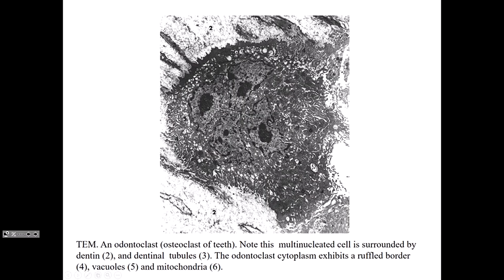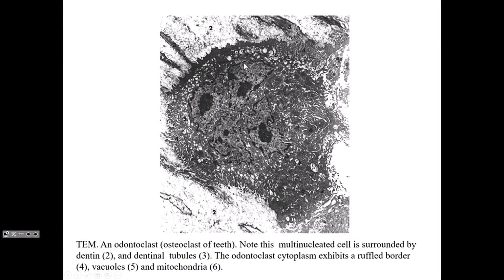Okay, this is called an odontoclast, which is basically an osteoclast. Odonto from teeth, clast. So it's basically an osteoclast of teeth. Why is this an osteoclast? Because we can count more than one nucleus. I can count 1, 2, 3, 4 nuclei of this osteoclast.